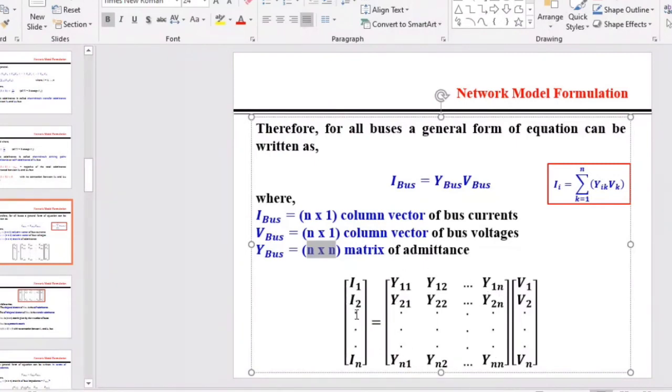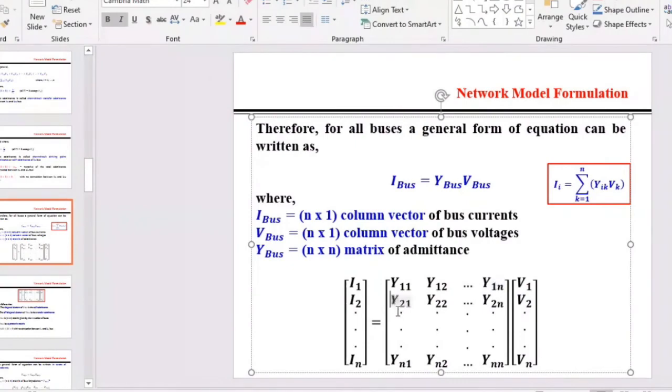For the currents it is I1, I2, I3 up until In, and V1, V2, V3 up until Vn. But for the admittance matrix, Y11, Y12, Y13, Y14, Y15 until we reach Y1n. And n can be 100, n can be 10, n can be 3, n can be 5. It depends on how many buses are there in the system.